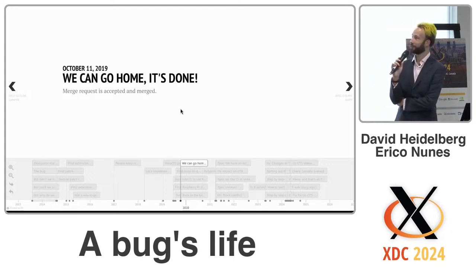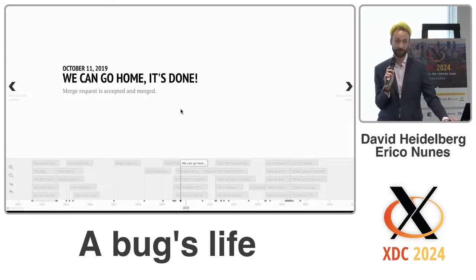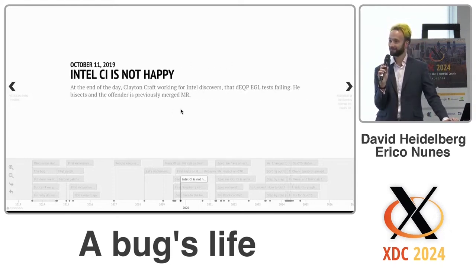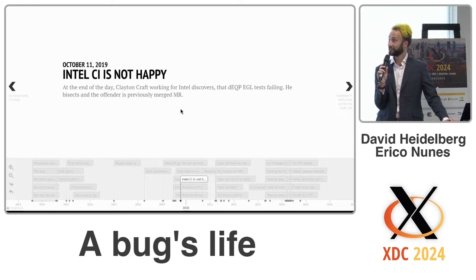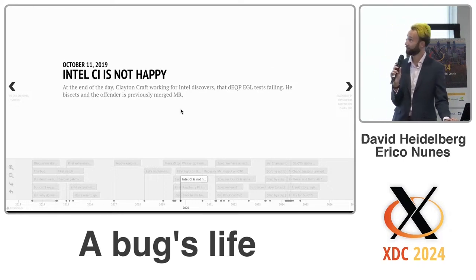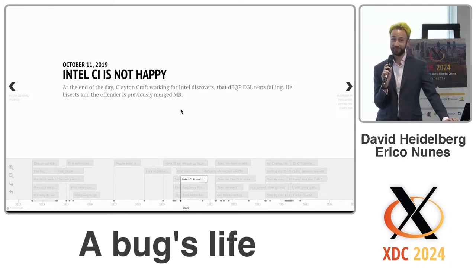And why do we talk about this right now? Because the merge request looked good and mostly worked, but Intel CI is not happy. Intel CI runs EGL tests, and it's failing for them. That's not the Mesa CI, it's Intel's own local CI, so the report got to Mesa developers a little bit later.